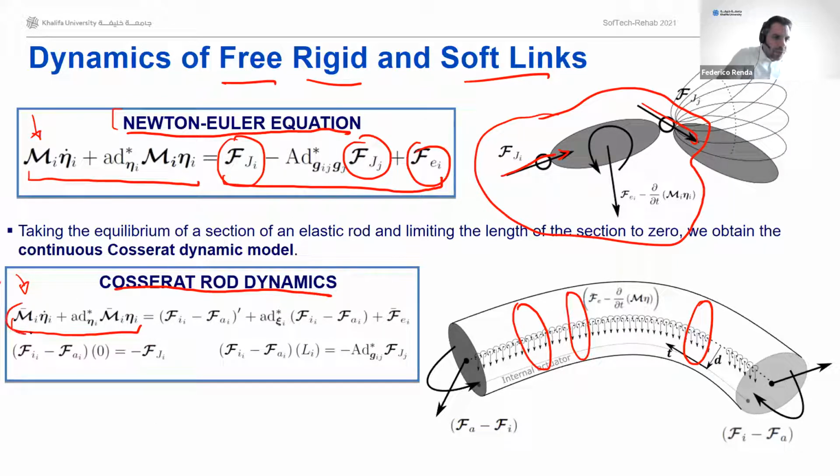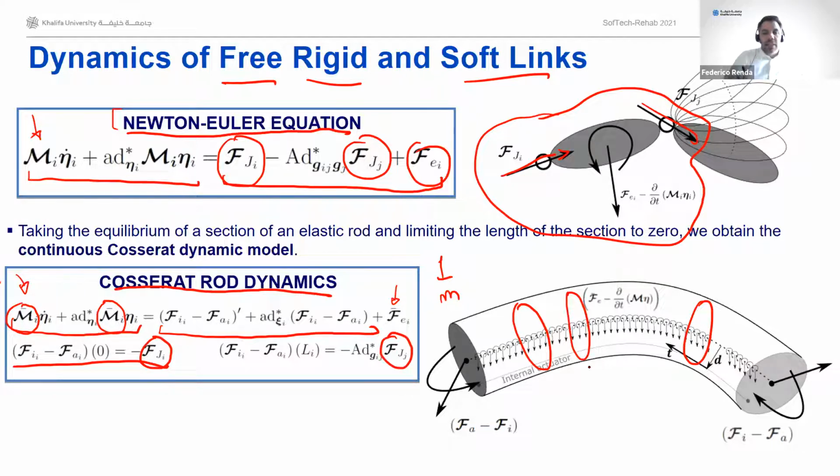Now we only use distributed inertia instead of lumped inertia, but the equation is the same. On the right, you also have the sum of the distributed forces and the derivative of the internal forces, just because it's a PDE with 1 over meter dimension. And here you have the boundary conditions that again are due to the joint force attached on the two ends of the link.